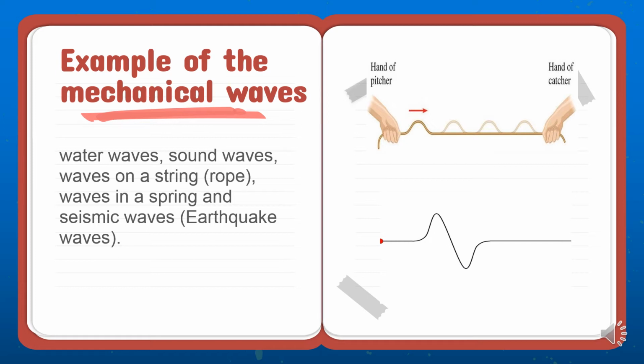This animation shows that energy transfers from the hand of the pitcher to the hand of the catcher along the rope. The rope acts as a mechanism to transfer the disturbance from one point to the next point.